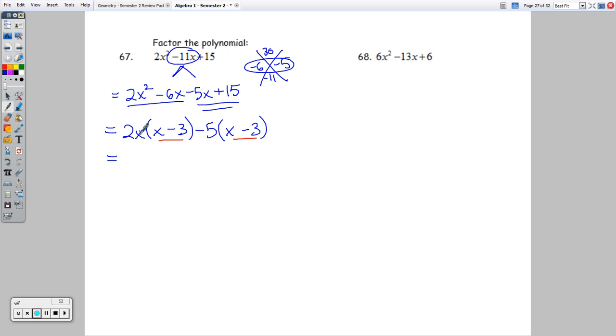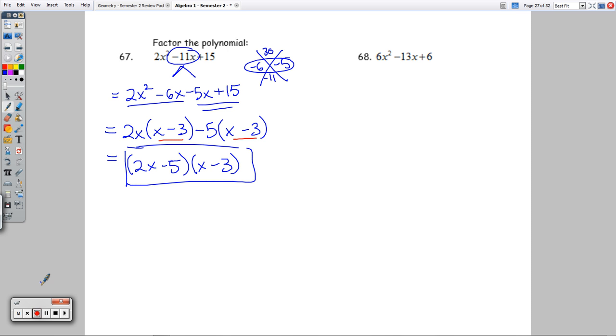Because then we're going to put the outside the parentheses stuff together in one factor. The inside the parentheses stuff is in the other factor. And since each piece is being multiplied by x minus 3, 2x is being multiplied by x minus 3, negative 5 is being multiplied by x minus 3. This is equivalent to that. So that would be our answer there.